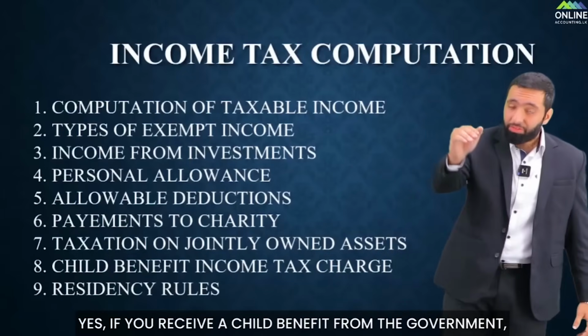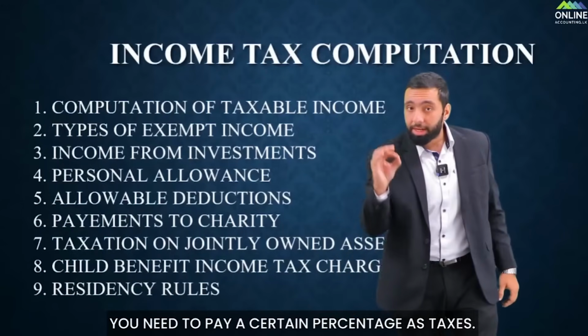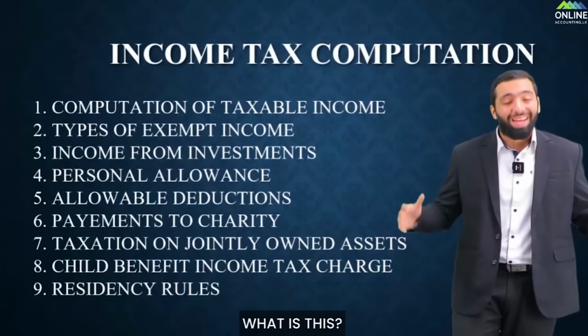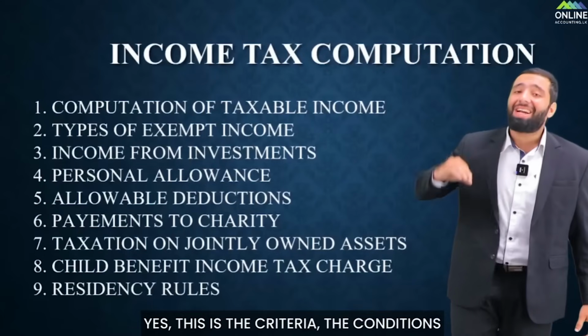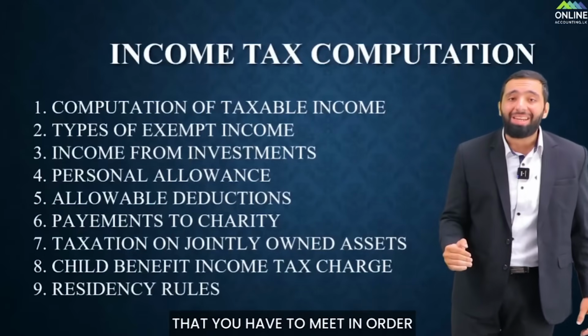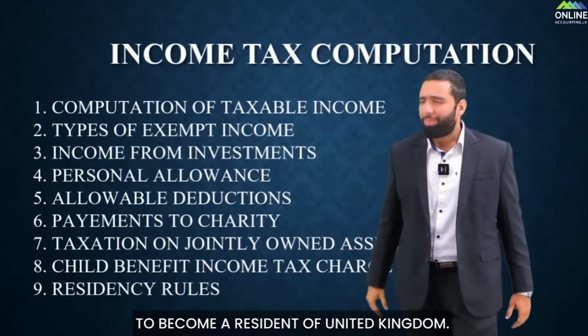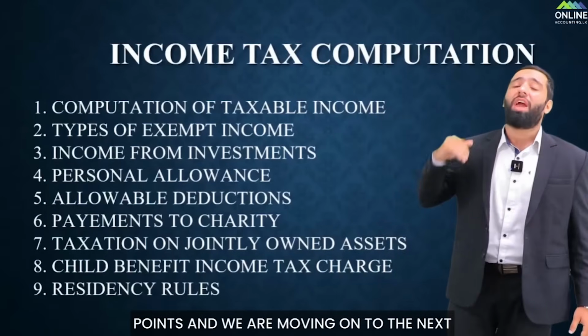Yes, if you receive a child benefit from the government, you need to pay a certain percentage as taxes. And then finally, residency rules. What is this? Yes, this is the criteria, the conditions that you have to meet in order to become a resident of the United Kingdom. So I hope you have covered the entire 9 points, and we are moving on to the next one.